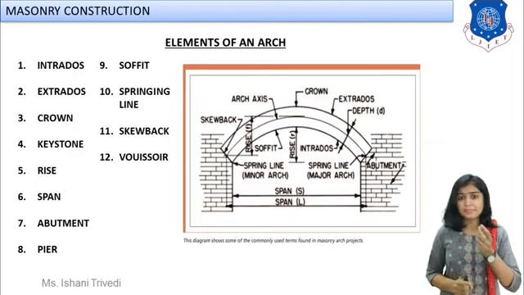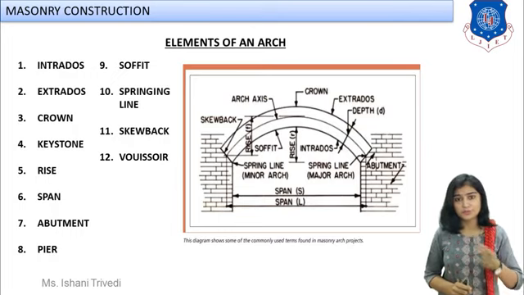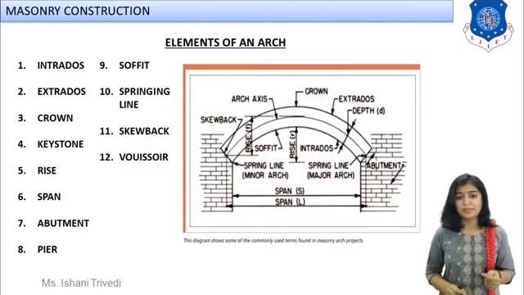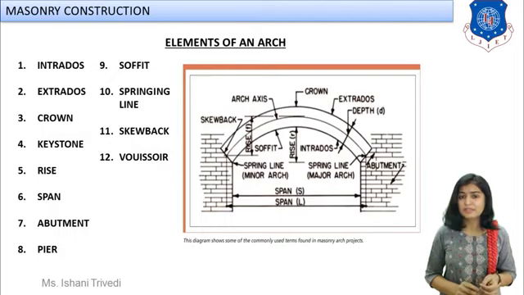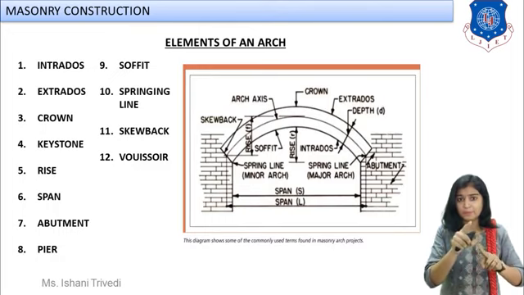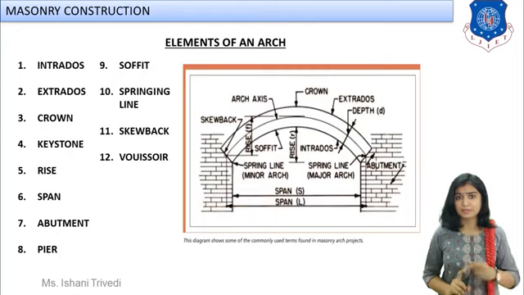So the wedge shaped blocks which are used to construct the arch are known as voussoirs. Next, let us go to the center part, starting from the top. At the center part, can you see crown is written? Yes, you can see that. So that particular voussoir, the central voussoir of an arch at the top, is known as the crown. That top part is known as crown.